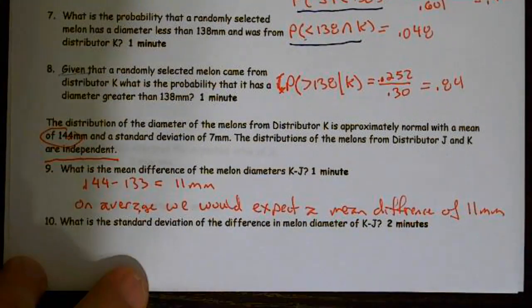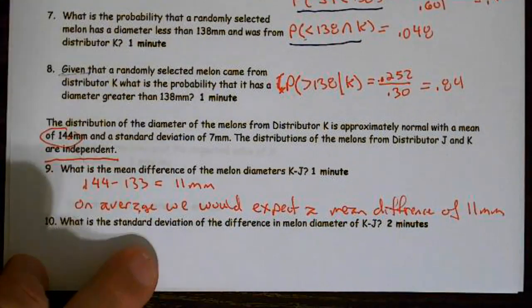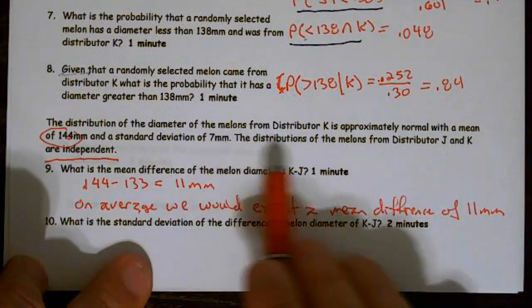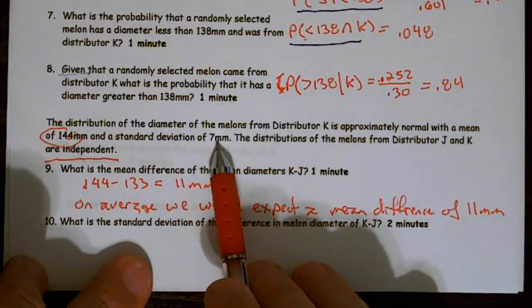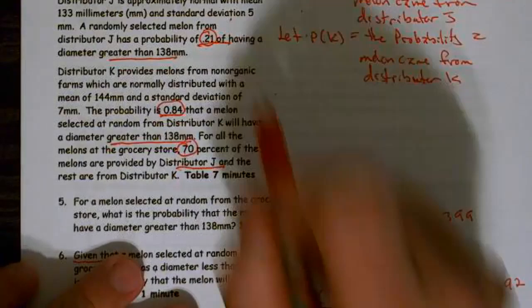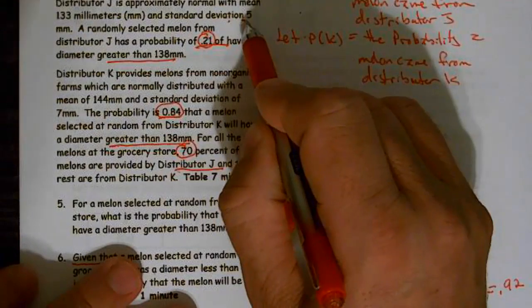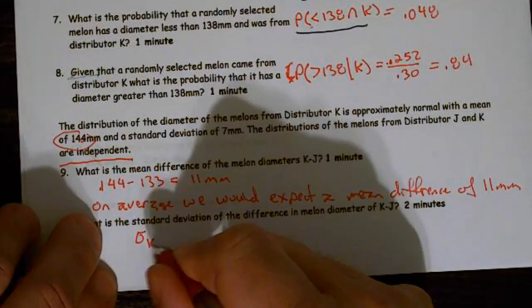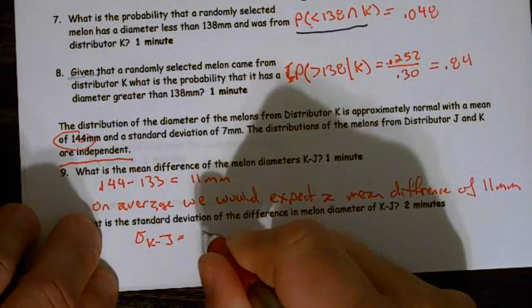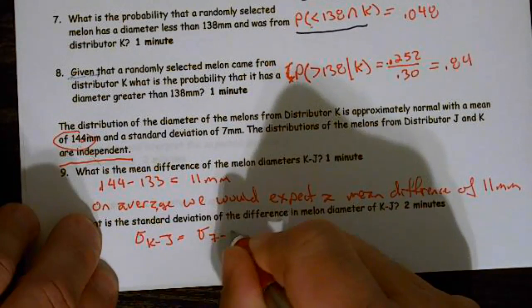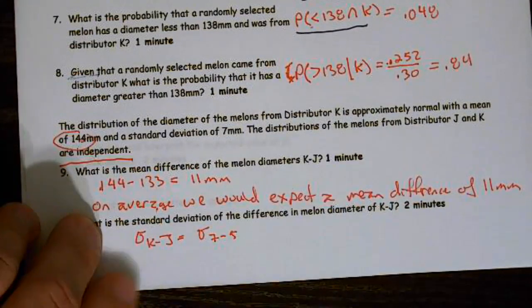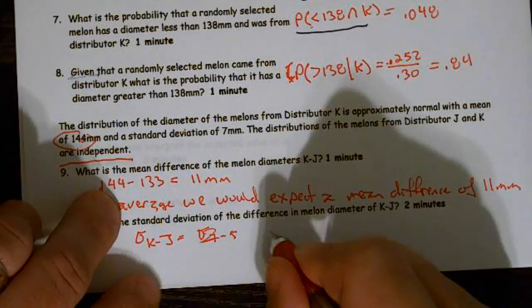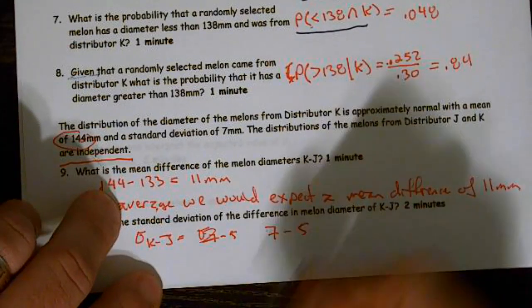And so what's the standard deviation of K minus J? Well, they told me K is 7 millimeters and J is 5 millimeters. So the standard deviation of K minus J would equal... well, it wants me to go 7 minus 5, but I can't do that.